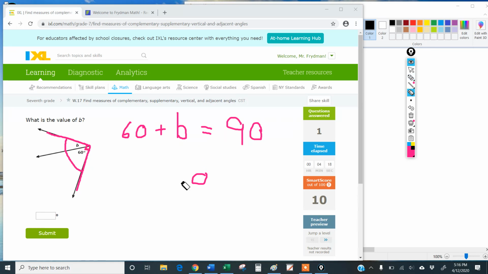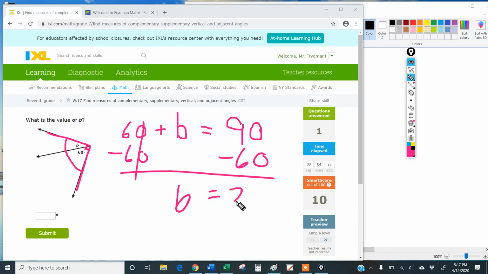Right? If you want to go through the whole thing, then you could subtract 60 from both sides. Angle B is equal to 30. So yeah, 60 plus 30 is equal to 90. So angle B must be 30 degrees.